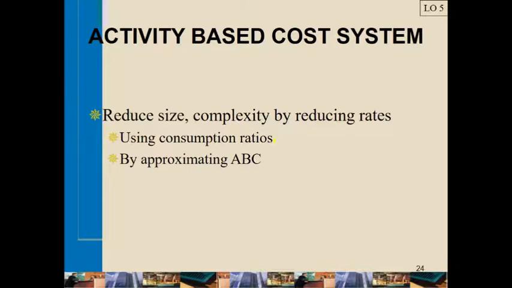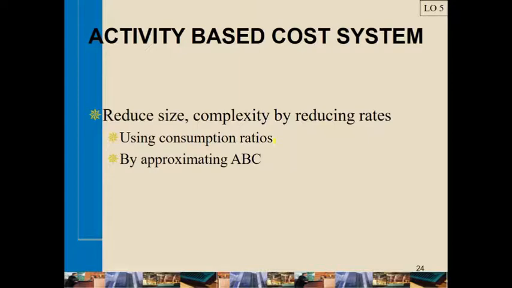Second technique is, or second method is by approximating your ABC. So, this is when you are only to use only the most expensive activities and their drivers to assign cost to their products, and then the cost of the less expensive activities are allocated to the cost pools of the selected expensive activities.